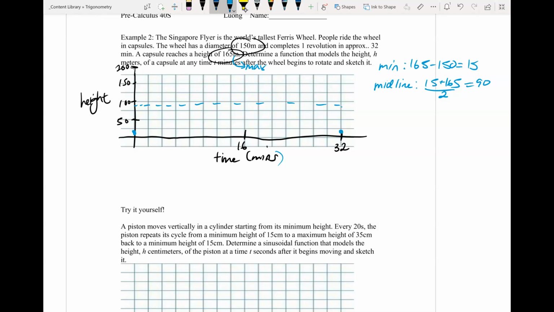Then our maximum is going to be right in the middle at a time of 16 minutes. So that's 165 as the height, so that's approximately here. And then I'll just follow through with connecting the points. And this is one whole period.